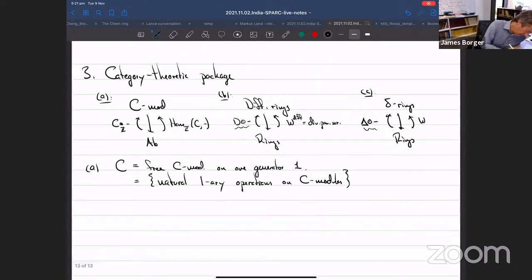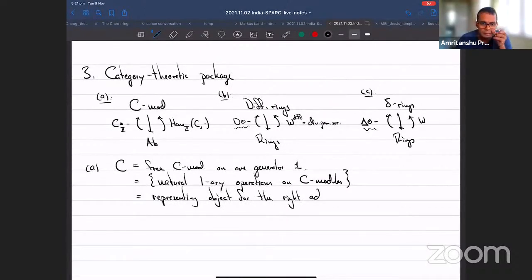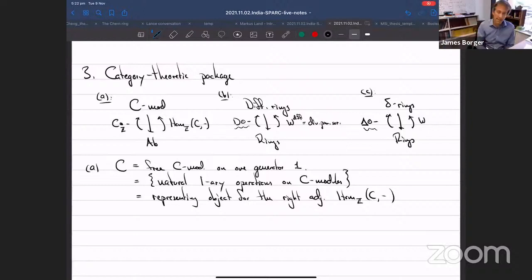And another way to think about it is the representing object for the right adjoint. Natural one-ary operations just means the endomorphisms of the forgetful functor. Yeah, exactly. Endomorphisms of the forgetful functor to abelian groups.